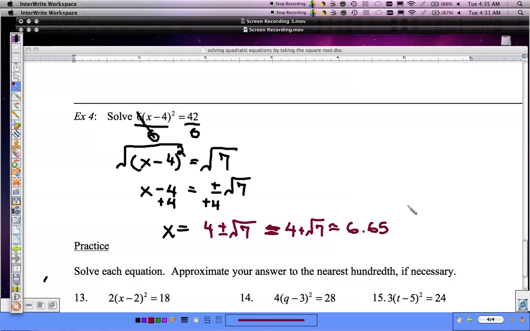And we would have 4 minus the square root of 7, which is equivalent to 1.35.